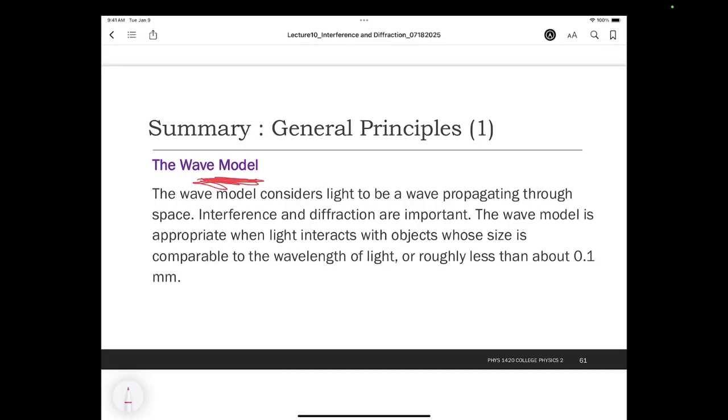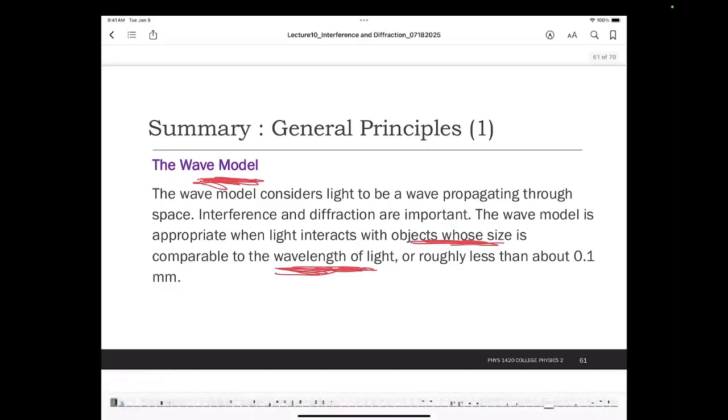Interference and diffraction are important. The wave model is appropriate when light interacts with objects whose size is comparable to the wavelength of light. You can see there is the object size, usually comparable to the wavelength of light, or roughly less than about 1 millimeter. This is what we talk about in this chapter.